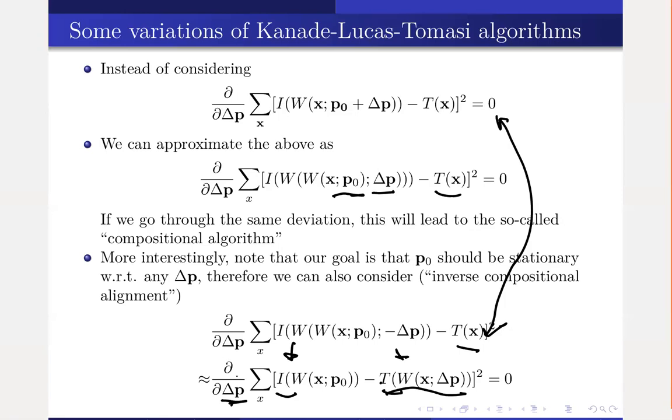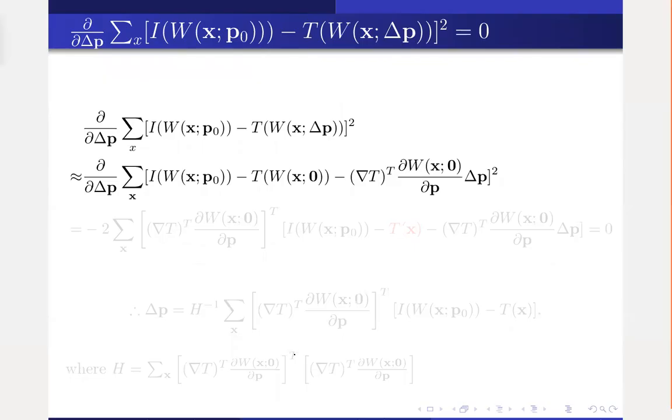So if I need to warp the image, I don't warp by delta p, I warp by just PCO. My PCO can stay constant for a while, so maybe every 20 frames I change my PCO, but for those 20 frames I don't need to change anything for the template. This is the basic idea. If you go through the equation, you see indeed we can save quite a lot of computation.